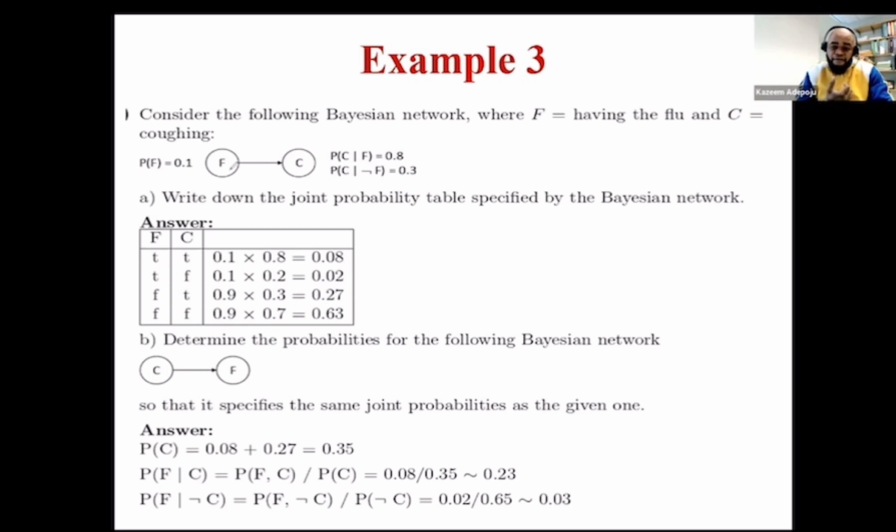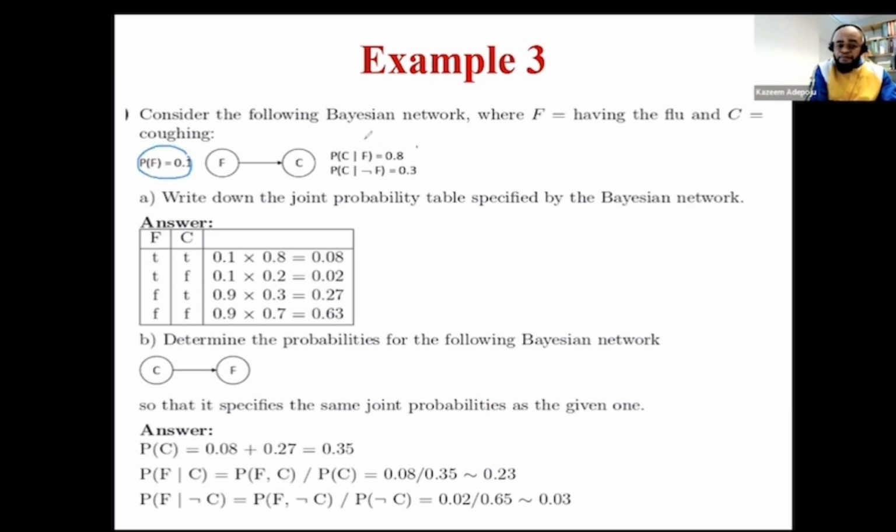But let me tell you, it is not everybody who coughs that has flu, and it is not everybody who has flu that coughs. So I just wanted you to take note. Now take a look at this. They've conducted research on the patients in this hospital, and 10% actually have flu, which is 0.1.